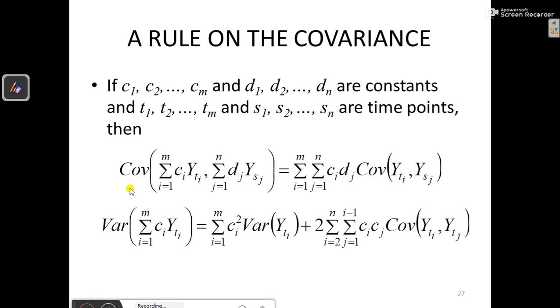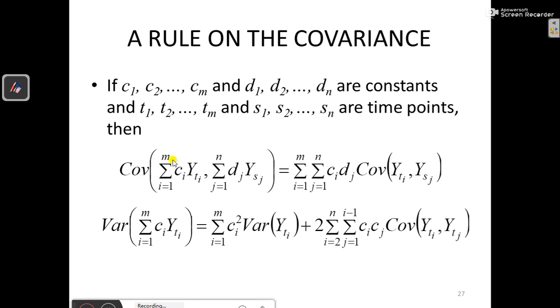So here you can see the covariance of the first part, i equal to 1 to m, ci constant, then Yti, whatever variable or observation we get at time t1 or t2 or tm. That is the first part. The second part has the time points s1, s2, sn, with j equal to 1 to n, dj is d1, d2, dn, and Ysj means the value of Y or the observation for these time points serially from 1 to n.